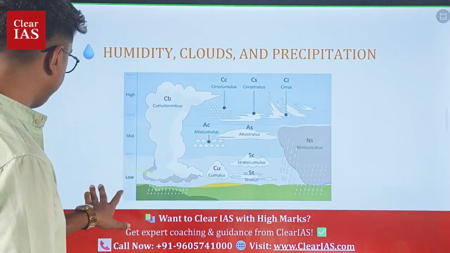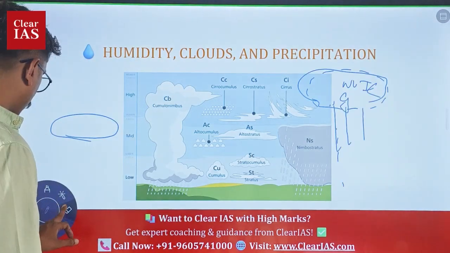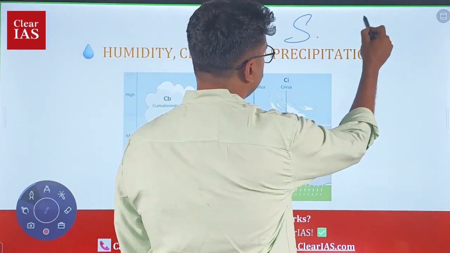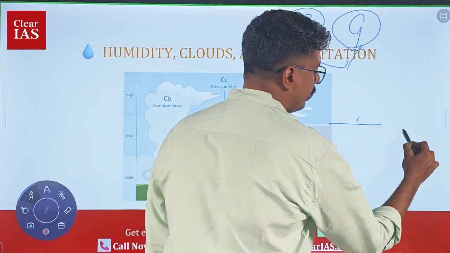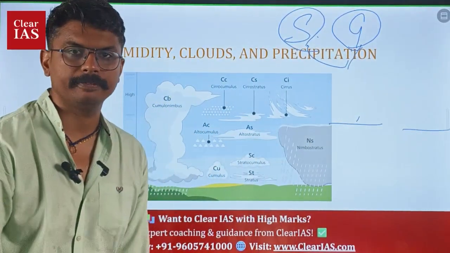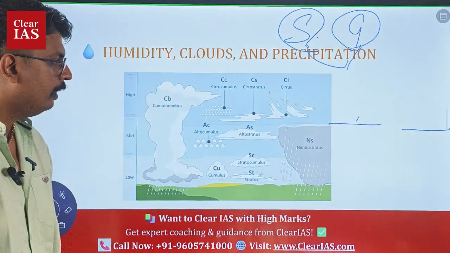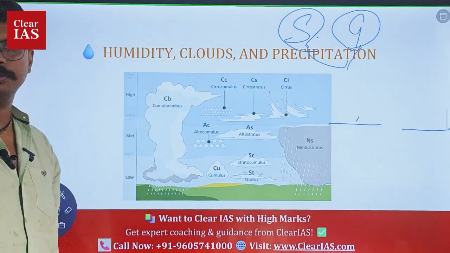Let me come to this slide before I show you here. So, naming the cloud, right? You know my name, right? I have two parts, Sundaram Ganesh, SG. In the same way, clouds also have a two-part naming. They have a name and a surname also. So the first part depends on the height of the cloud.